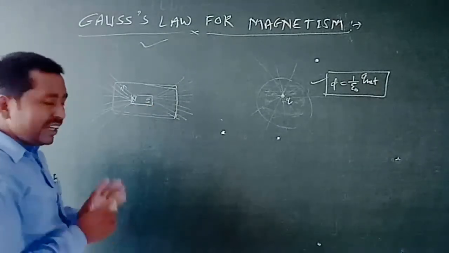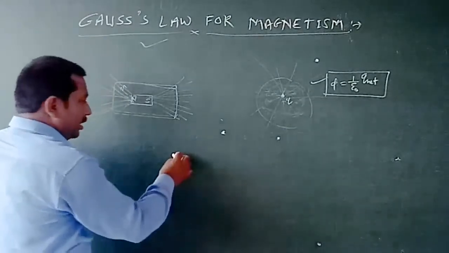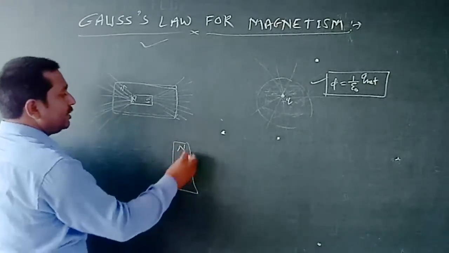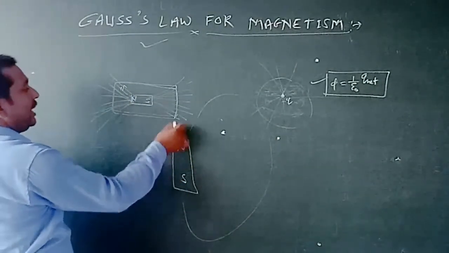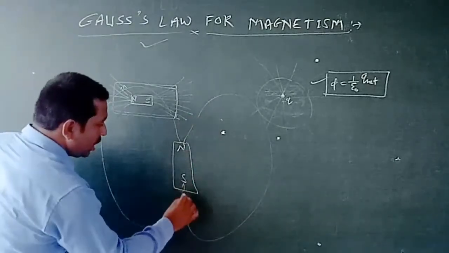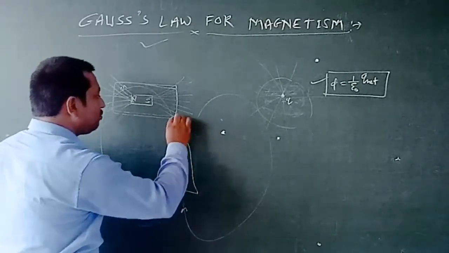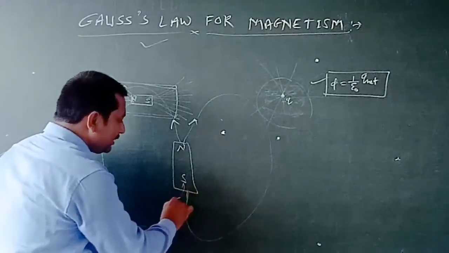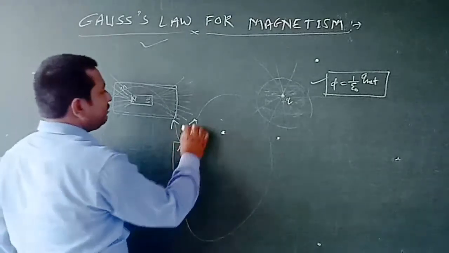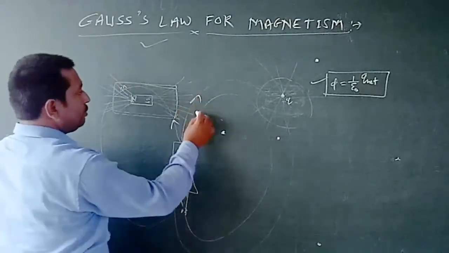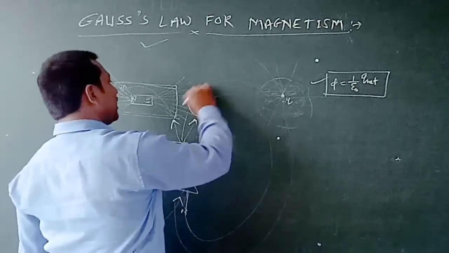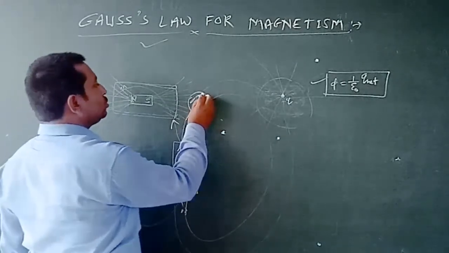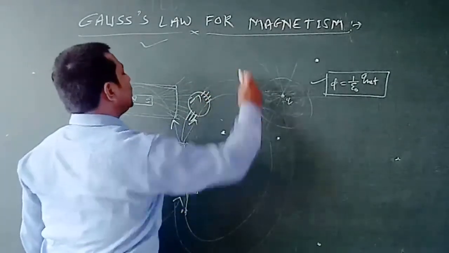So we can easily say that if we assume that there is a bar magnet N and S, and there are different magnetic field lines entering from the S pole and leaving from the N pole. So we can easily see that if we choose a different area element, suppose that we take a small area element here, then the total number of magnetic field lines entering it is equal to the total number of magnetic field lines leaving the surface.